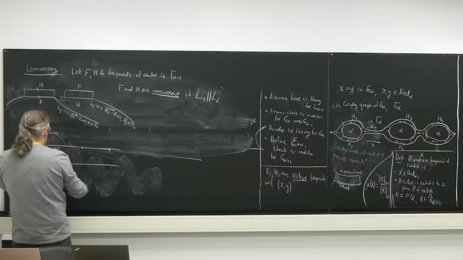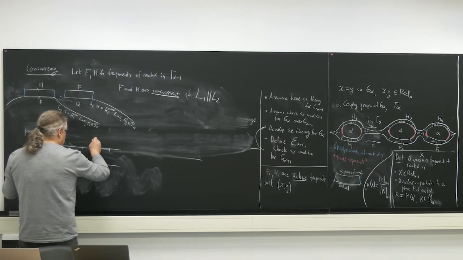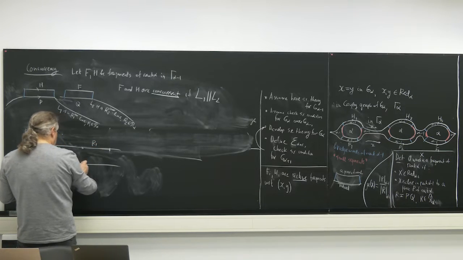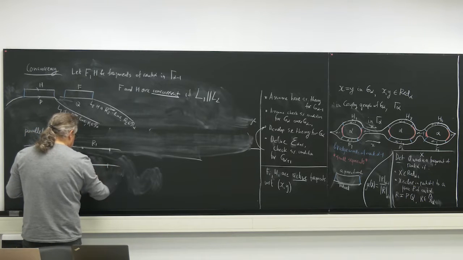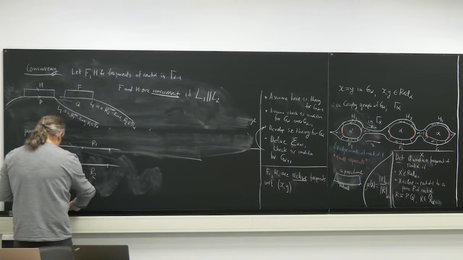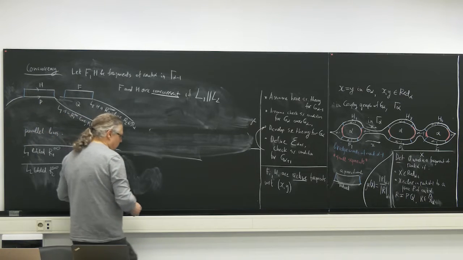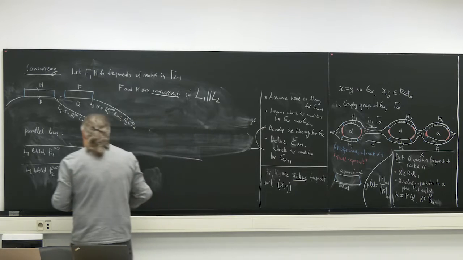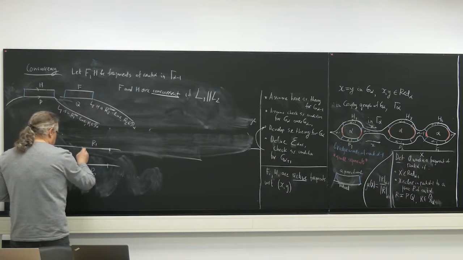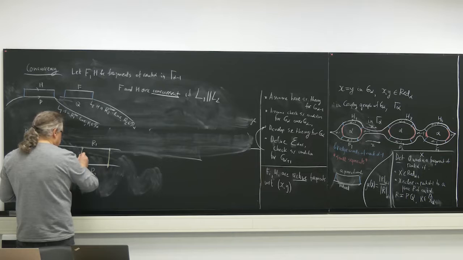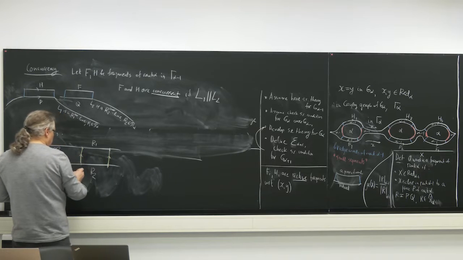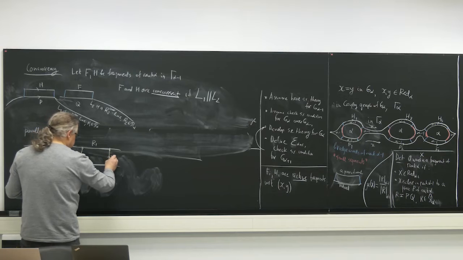Somewhere we have a piece of line labeled by a single period R1, and somewhere a piece of line labeled by R2. By definition they are parallel if we join the corresponding endpoints and we have a path labeled by the same element Z here.